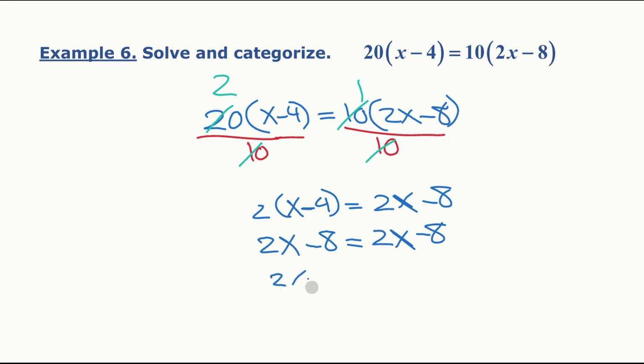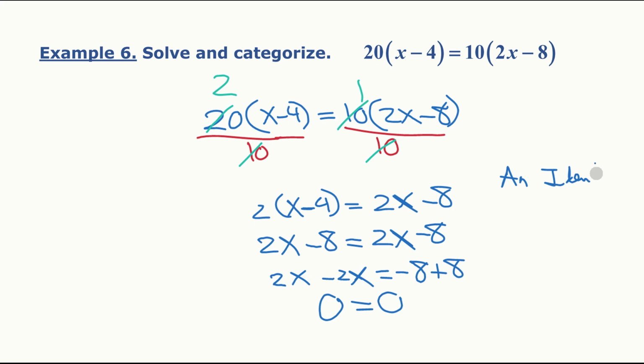So we just go ahead and keep going. So we get this, and we get negative 8 plus 8. Remember, change sides, change signs. So we end up with 0 equals 0. It would be very nice to get it to that point and then claim that this is an identity. Therefore, the solution set is all real numbers.